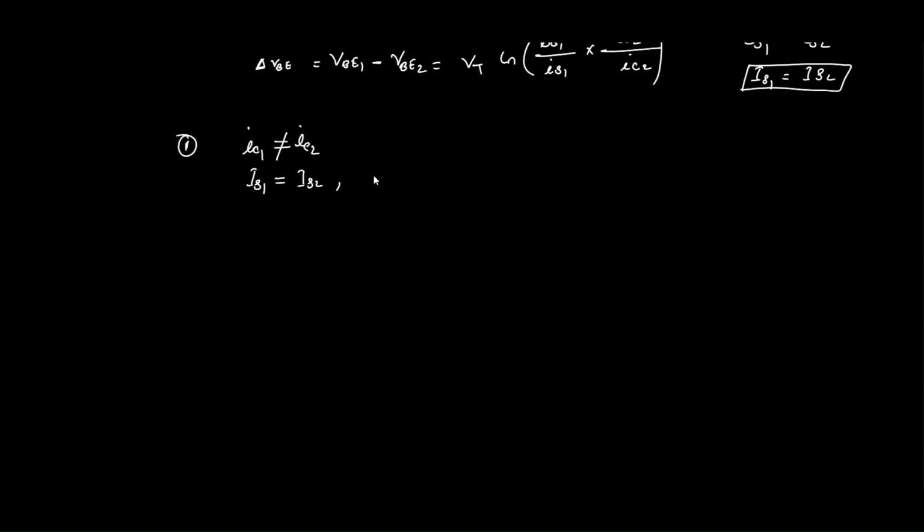This is possible by making the areas of these two BJTs the same size.